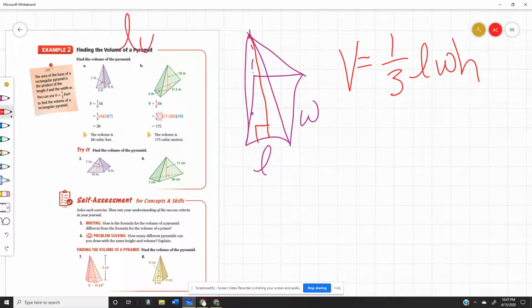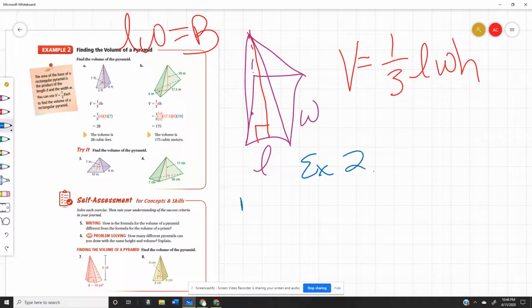And we're using length times width instead of area of the base, even though they're the exact same thing. Area of the base is length times width, okay? In this case, they're not giving me the area of the base, so I have to find it by multiplying the length times the width. That's all we're going to do different in example 2A. Okay? So let's go ahead and look at that.